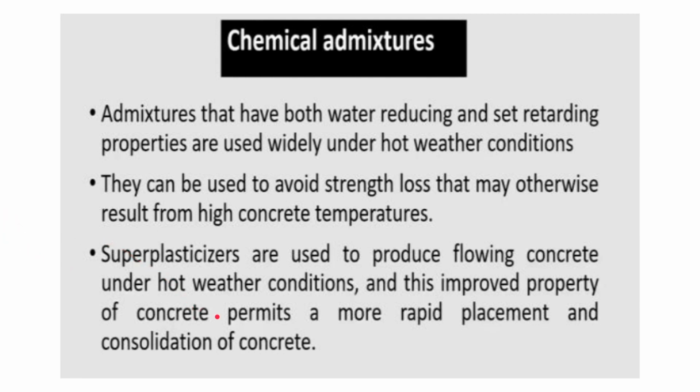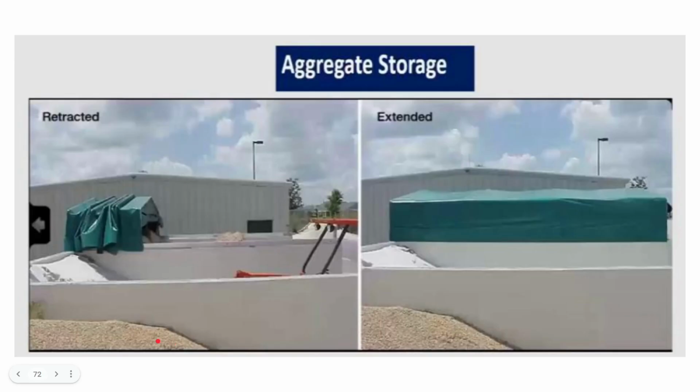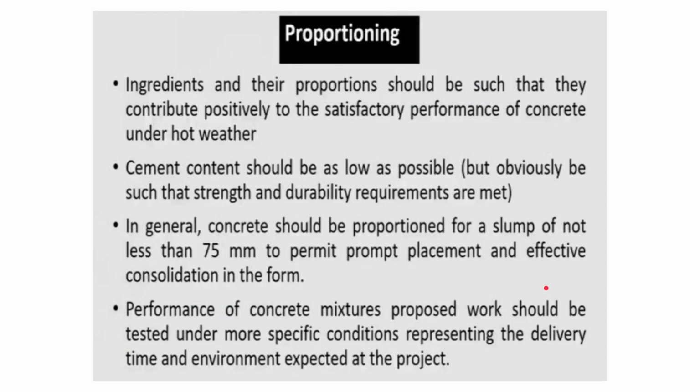So by using these properties, it can counter the adverse effects of hot concreting. So here also we can use some storage facilities where aggregates can be saturated and kept in some moist condition, so that it does not take much water during casting.